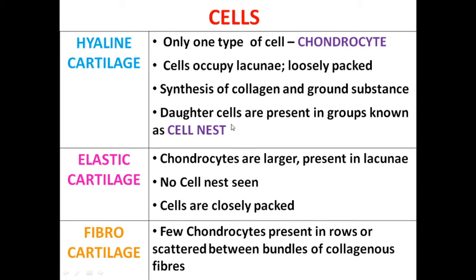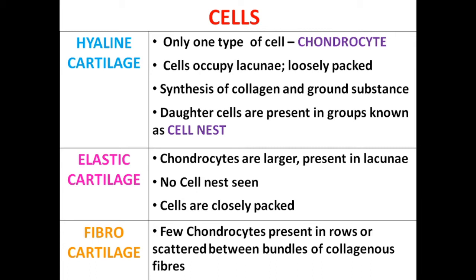So cell nest is the typical feature of hyaline cartilage. If you see a histology slide of a cartilage and you find the presence of a cell nest, a group of cells present together, that means it is a slide of hyaline cartilage. When you are answering a question on hyaline cartilage, you should mention the point cell nest in your answer.